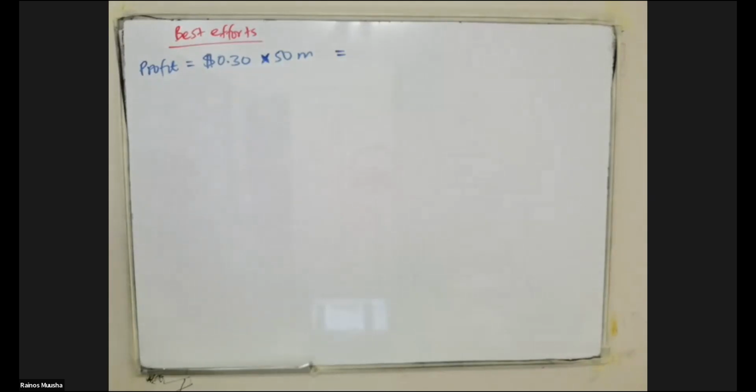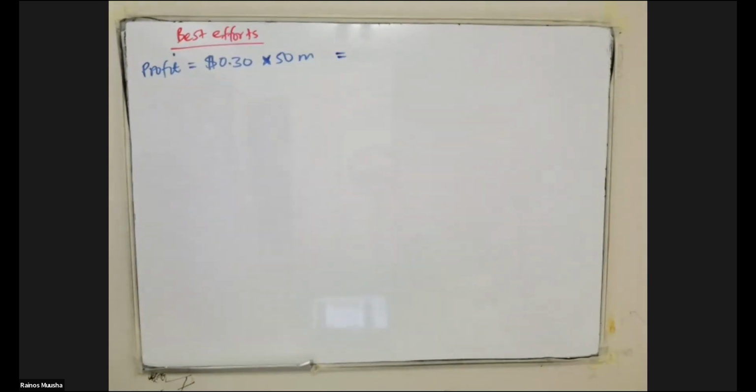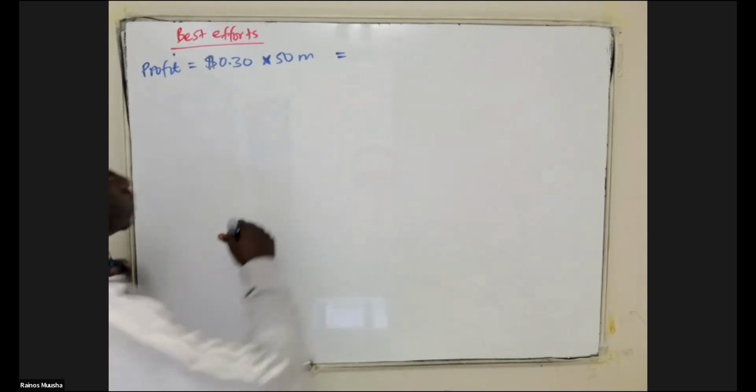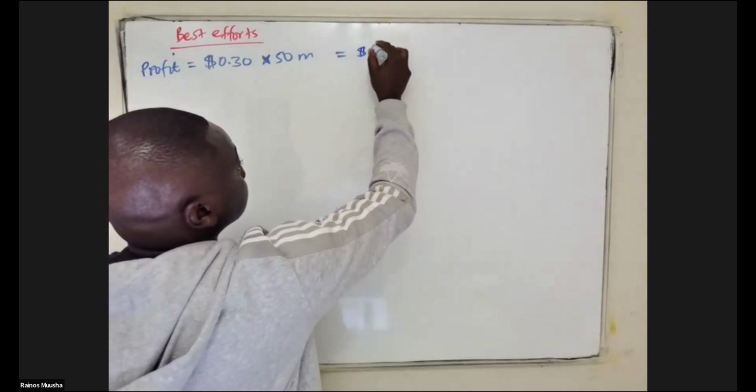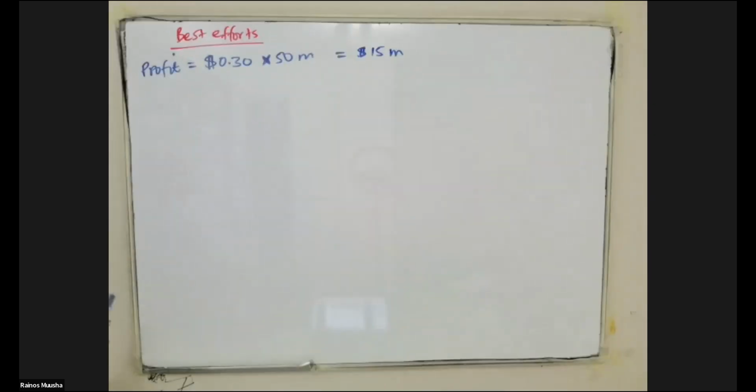So in this case, how much profit is the investment bank going to be making? With the best efforts arrangement, the investment bank is going to be making 15 million as a return, isn't it?